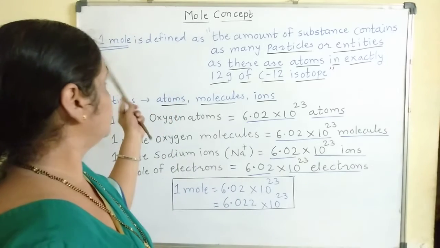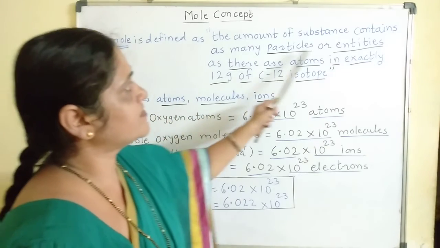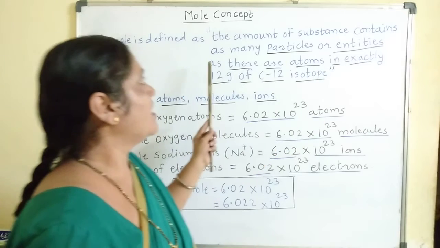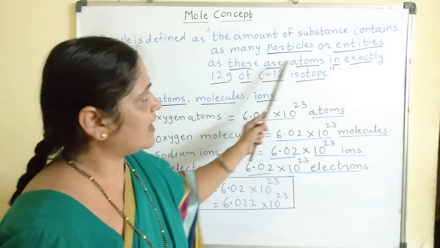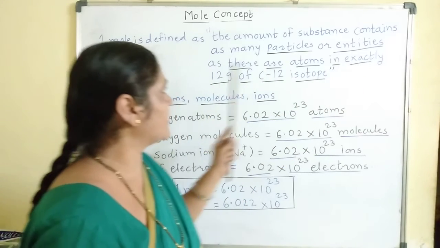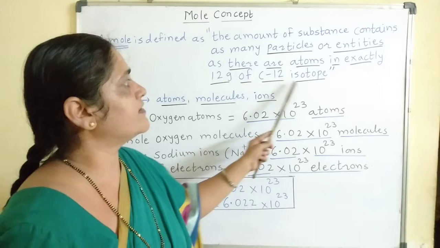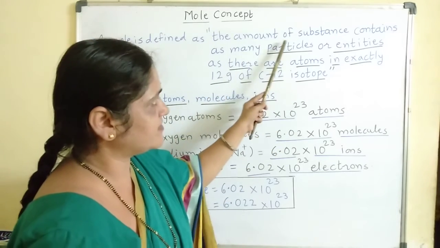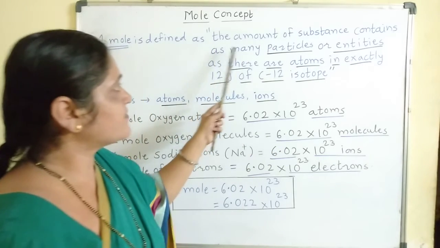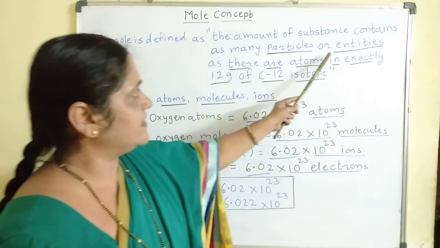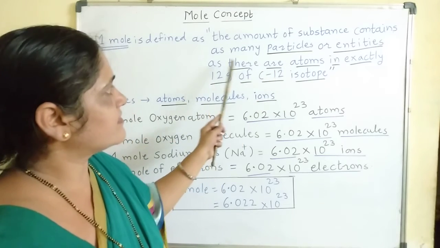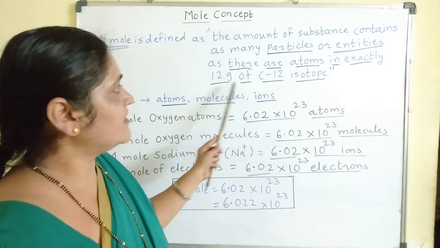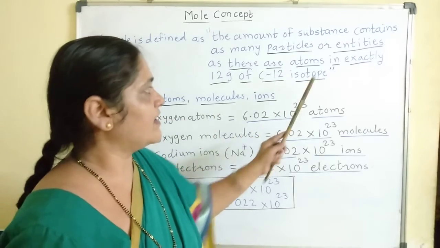The 1 mole is defined as the amount of substance that contains as many particles or entities as there are atoms in exactly 12 gram of carbon-12 isotope. Again I am repeating, the amount of substance containing as many particles or entities as there are atoms in exactly 12 gram of carbon-12 isotope.